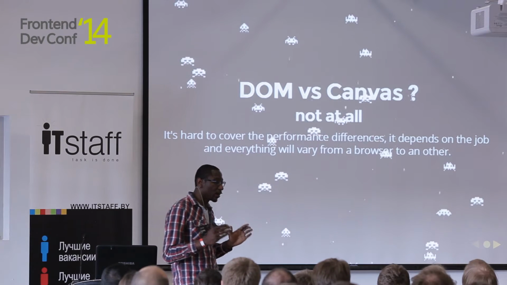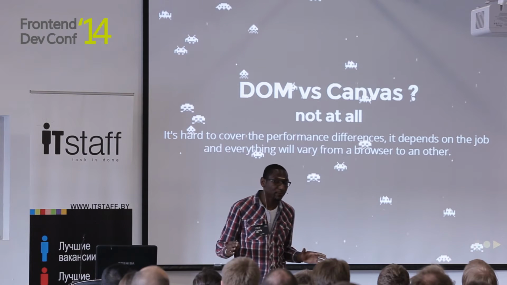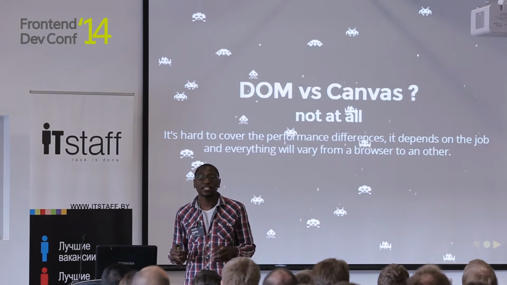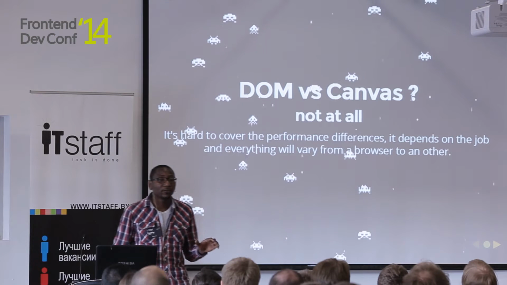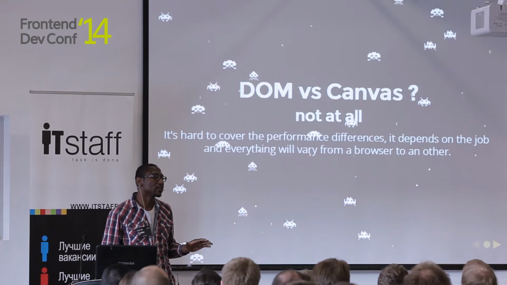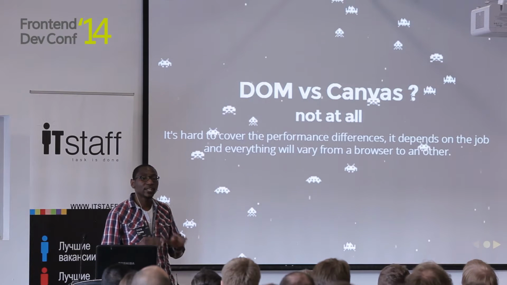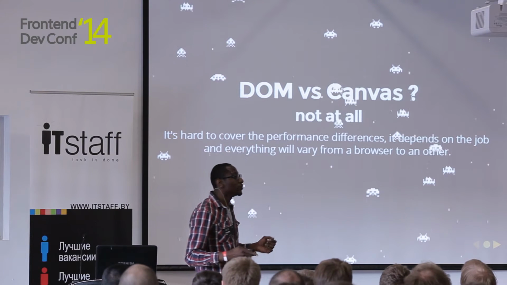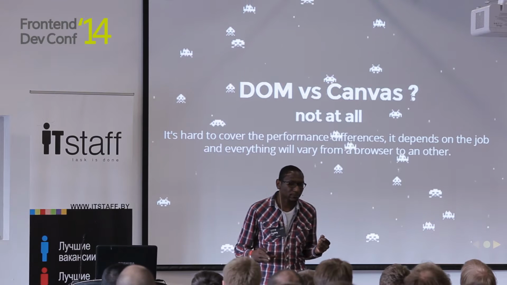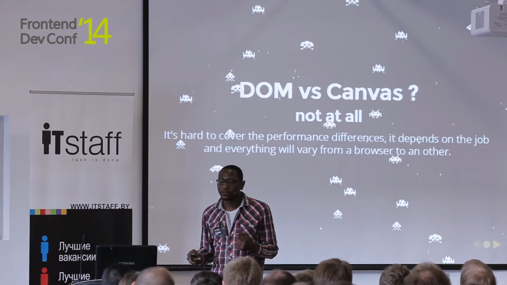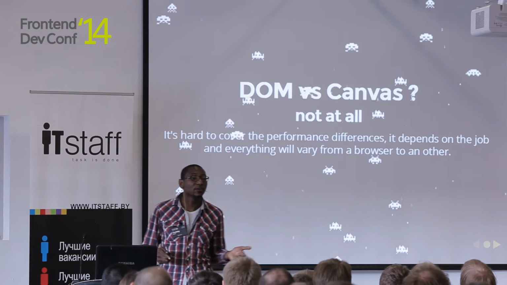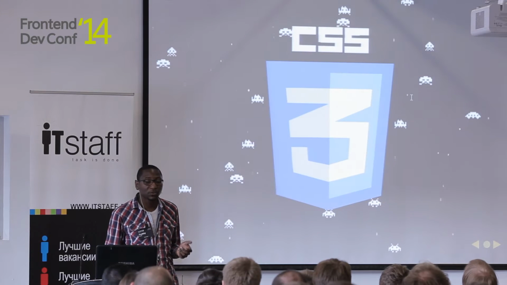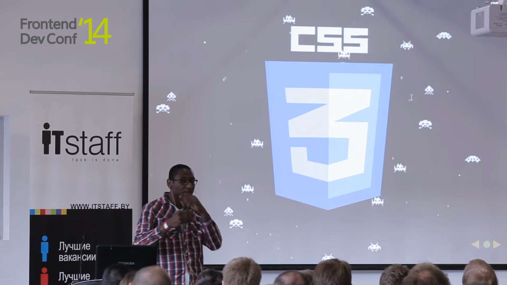Even though it's hard to cover all the performance differences between DOM and canvas, especially for DOM, the thing I really like about DOM is that you keep all the native functions of the DOM, like mouse events, text formatting, and you also have SEO, of course, because with canvas you don't have SEO and it can be painful.